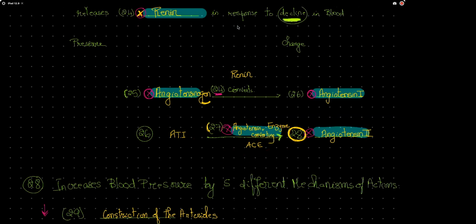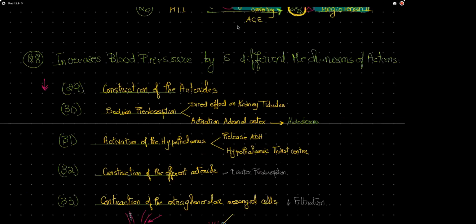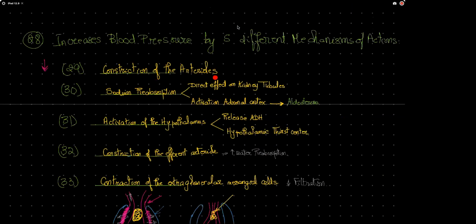Angiotensin 2 increases the blood pressure by 5 means. Those are constriction of the arterioles, enhancing sodium reabsorption directly by acting on the kidney tubules, indirectly by activating the adrenal cortex to release aldosterone. Third action, activation of the hypothalamus to release ADH and to activate the hypothalamic thirst cell.